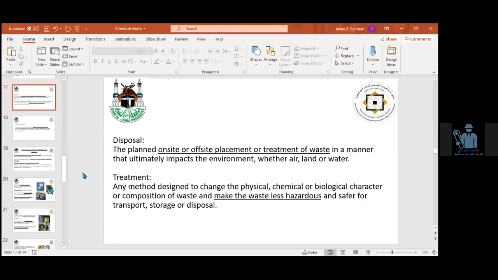So sometimes you will see a fire in the dustbin. So this is not disposal. This is a very bad example of disposal. Disposal inside the lab means you have to dispose properly. We will discuss it in our presentation somewhat later on, maybe after 2 or 3 slides, inshallah.